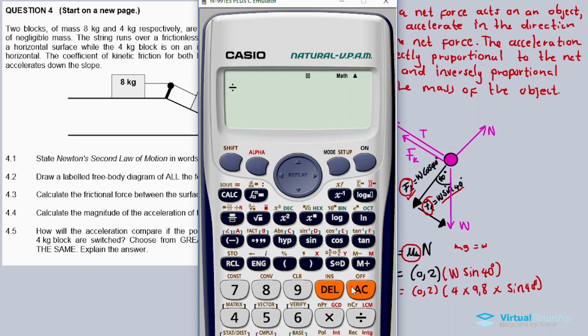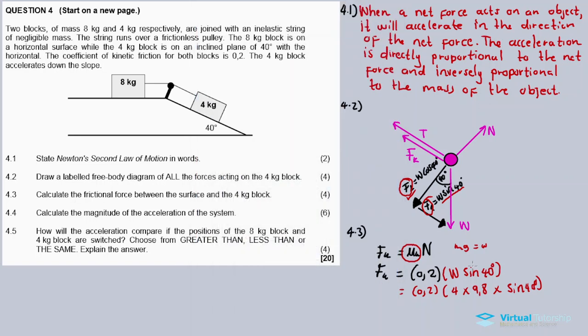What have I done here? Go back. Wait. Okay, there's a blunder here. The normal force is equal to this perpendicular component, but instead I used sine. Let's do this again.